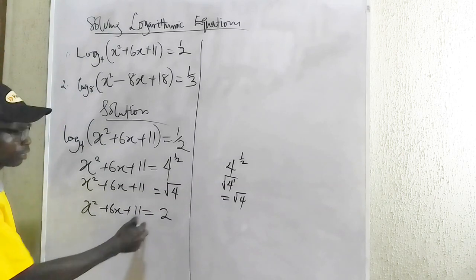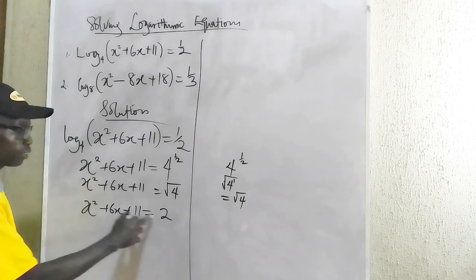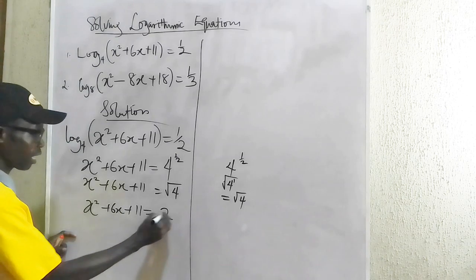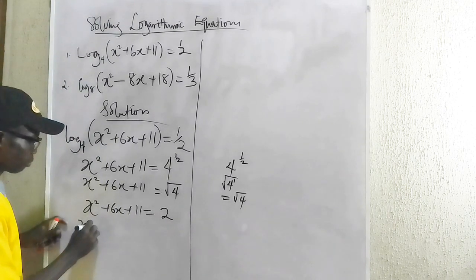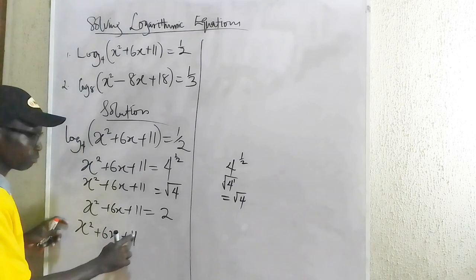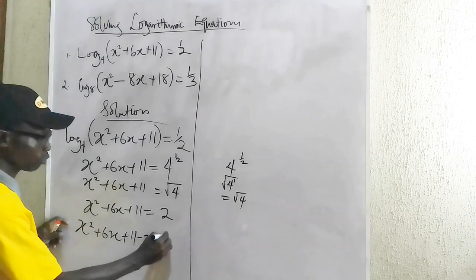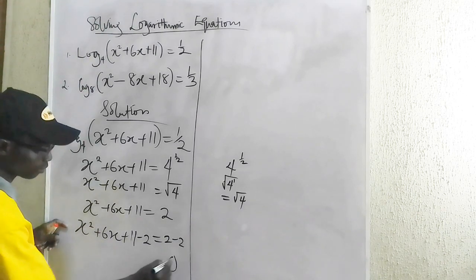Now, this and this look the same. You do the additive inverse, adding minus 2 here and minus 2 here. So x raised to the power of 2 plus 6x plus 11, the additive inverse of 2 is minus 2, and 2 minus 2 is 0.